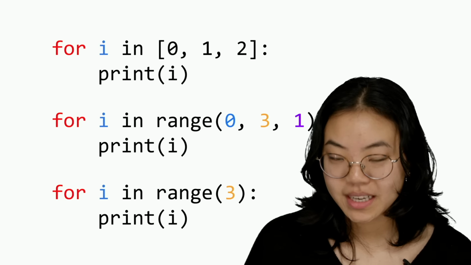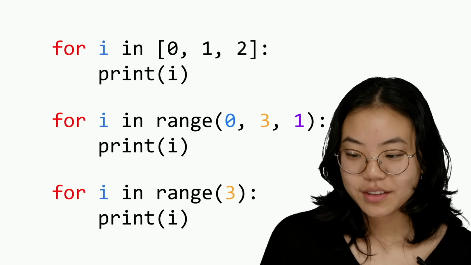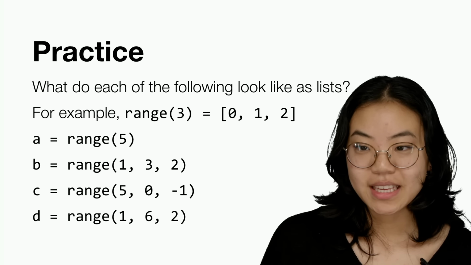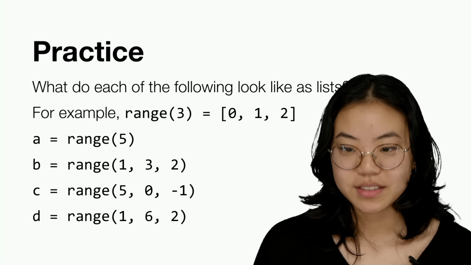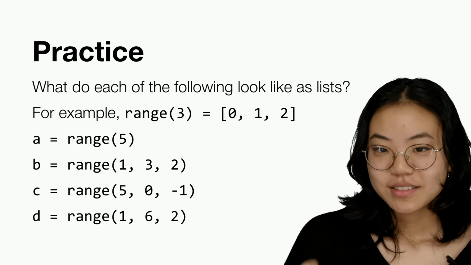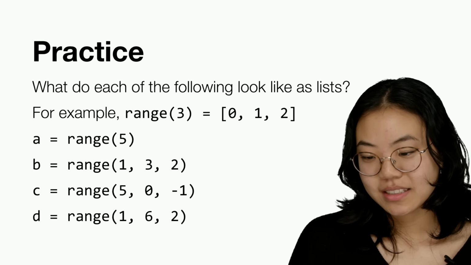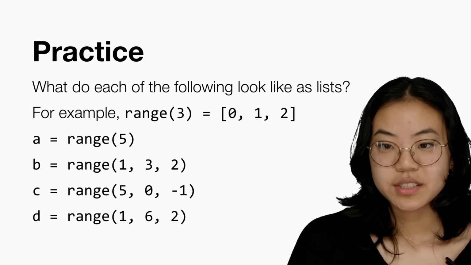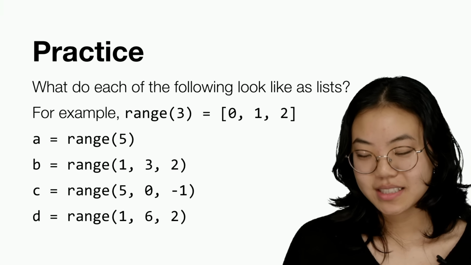However, because of these default values, because you can change them, you can also do some funky things, creating different kinds of lists. So to practice, let's take a look at this and imagine what each of these range functions will output as a list.